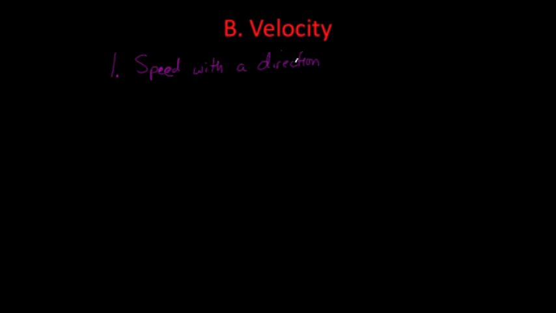For example, a runner might be moving 4 meters per second. A car may be moving 10 meters per second left.